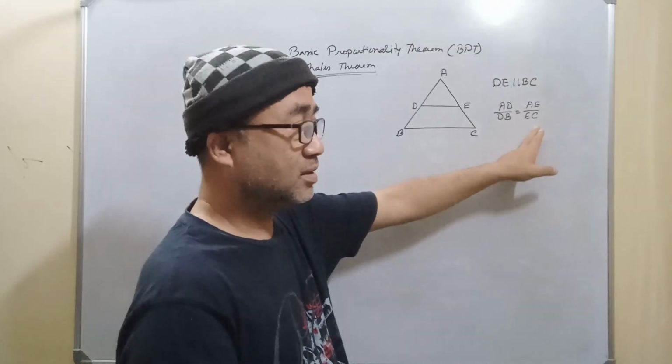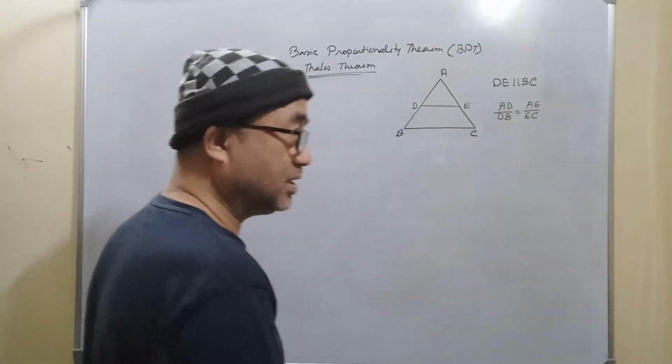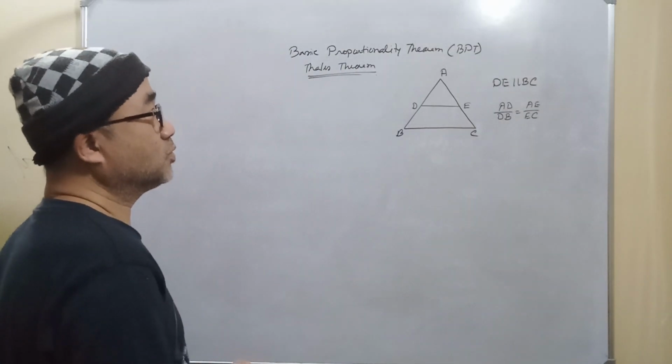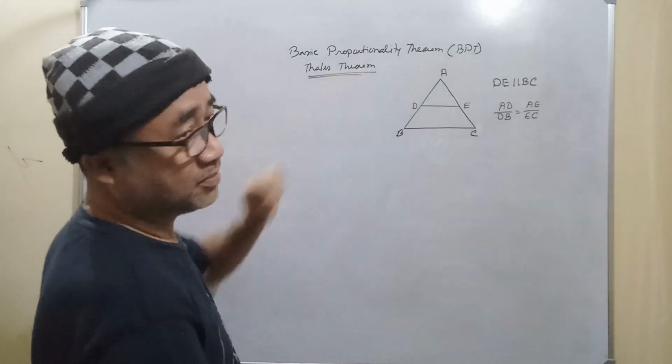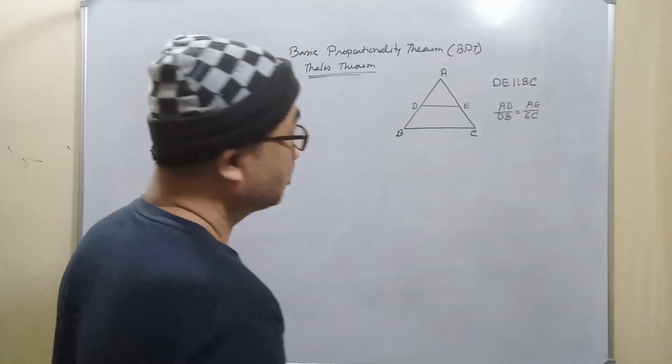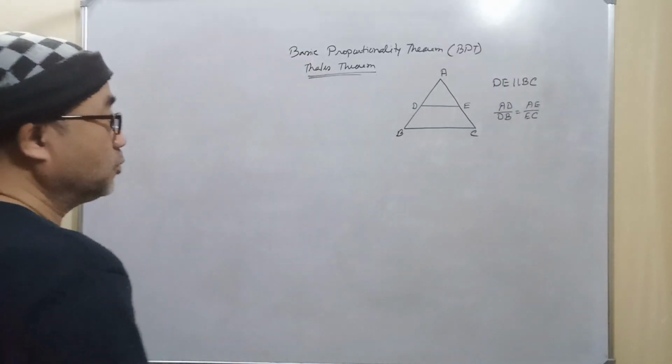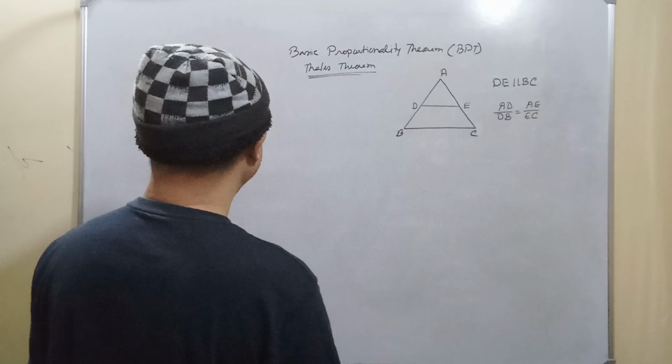That is the BPT, or Basic Proportionality Theorem. It is also known as Thales Theorem. So we have to prove the theorem.